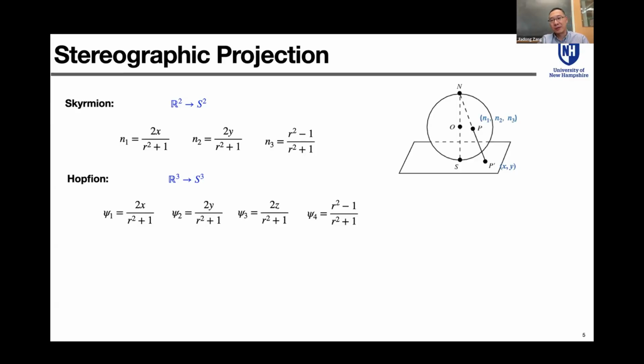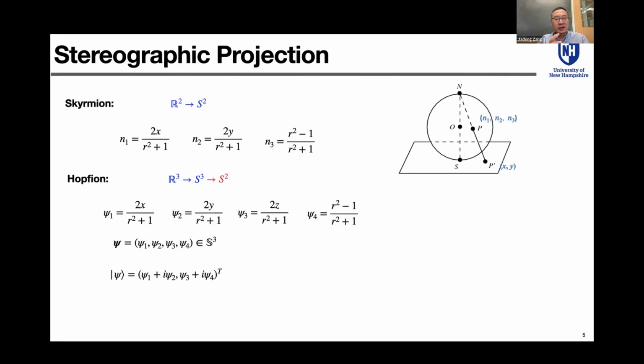But what we want is a spin configuration, and a spin lives in S2, right? If it's normalized, it lives in a unit sphere in 3 dimensions. So what we need to do is just use quantum mechanics.